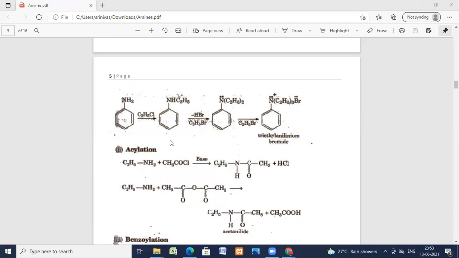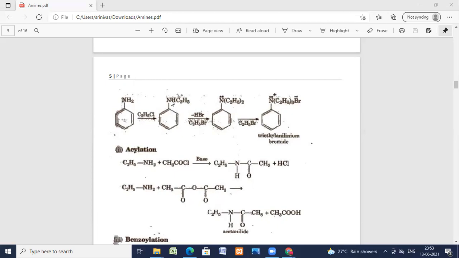Coming to the aromatic amines, this is the benzene ring having an NH2. Aniline, we call it. Aniline on reaction with ethyl chloride gives ethyl aryl amine. This nitrogen has one more hydrogen present, so one more alkyl halide can react.